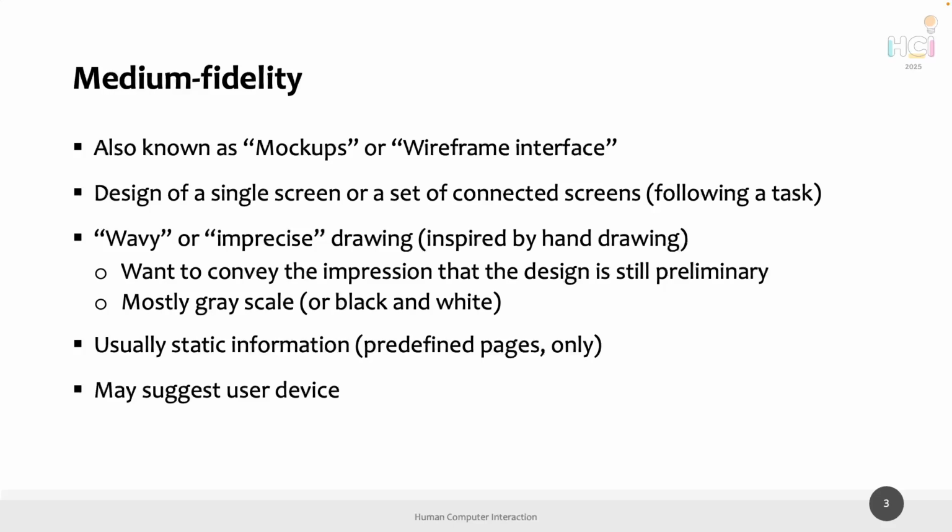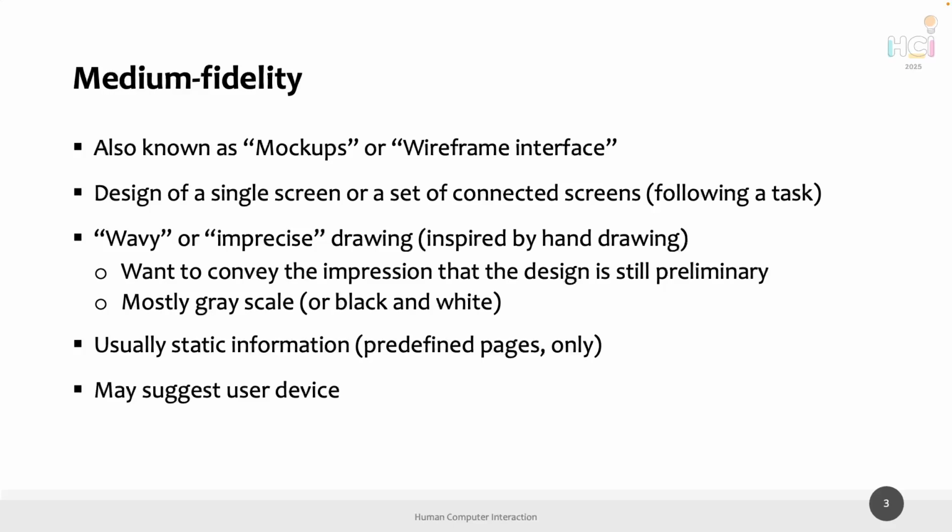And the design is still imprecise. It's done on a computer, but it's still inspired by hand drawing. But you have, for example, the right sizes of the buttons, the correct alignment between the different elements. So you really start to see the layout of the final interface. The information is typically static.